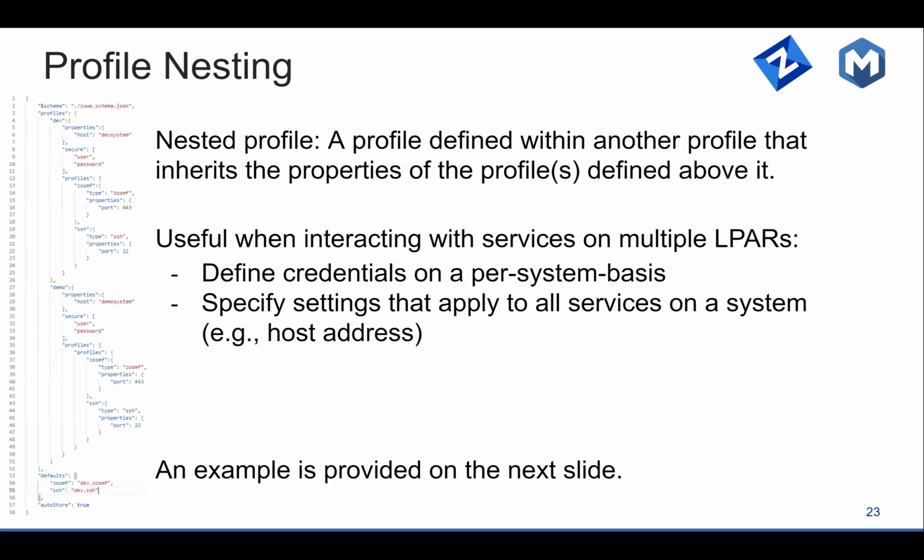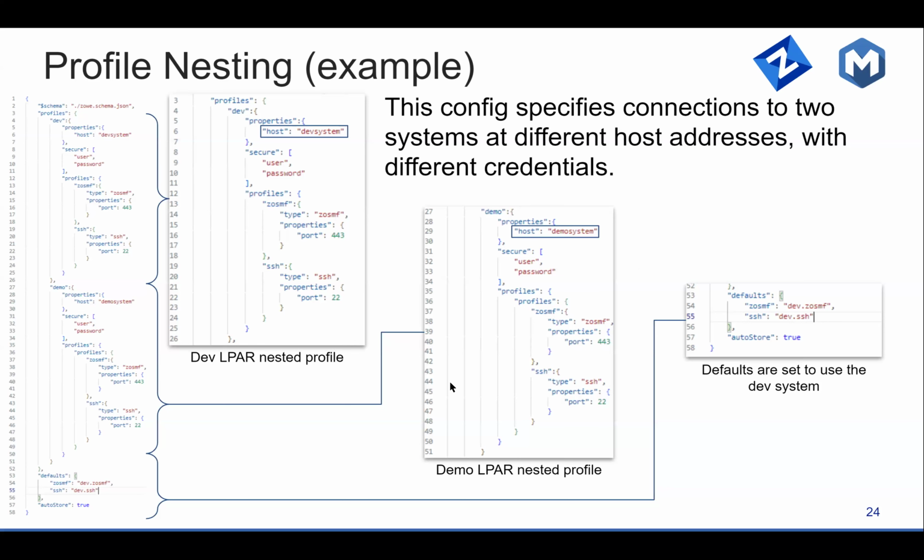And it lets you specify settings that apply to all services on a system without applying those settings to all service profiles in the config, which is what would happen if you were using a base profile. On the next slide, I'll dive a bit deeper into this example.